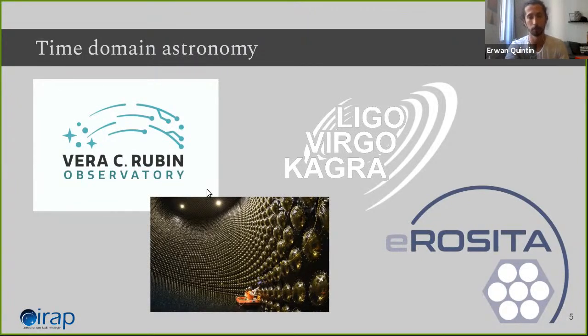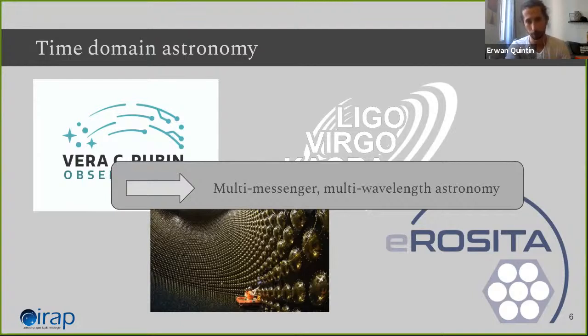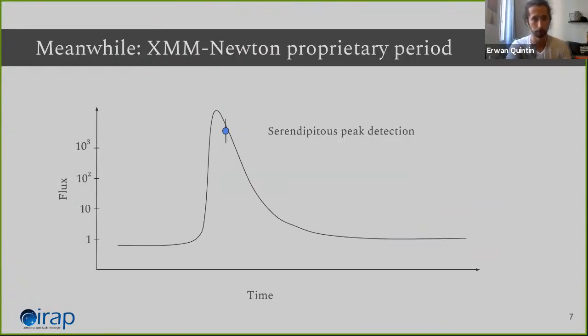We have neutrinos, gravitational waves, and to a lesser extent, Rho-zeta will allow a certain level of consistency and long-term follow-up of X-ray data, since it will provide us with, I think, five full sky coverages of X-ray data. So overall, time domain astronomy is multi-messenger and multi-wavelength.